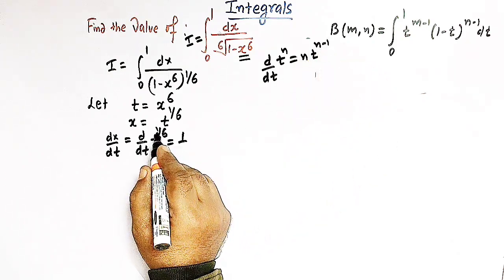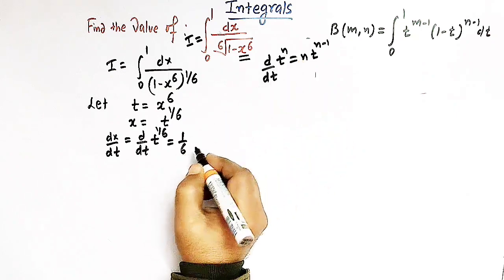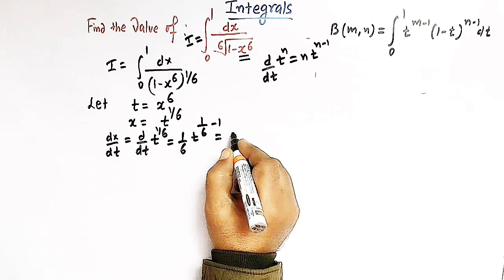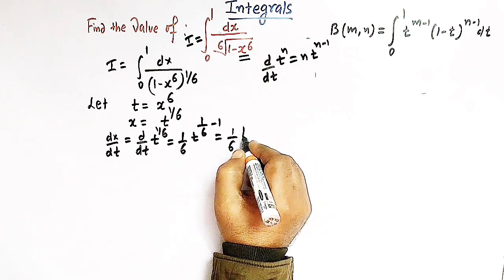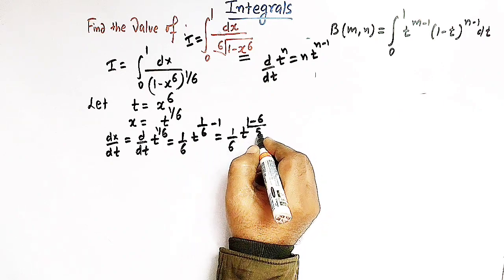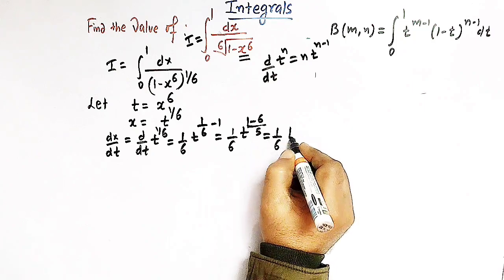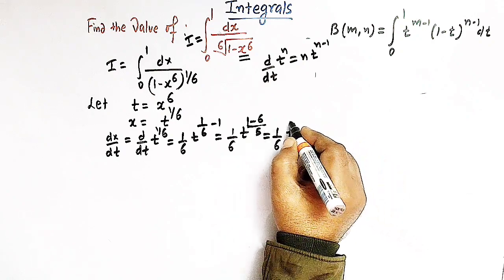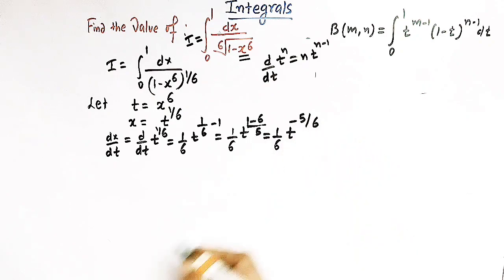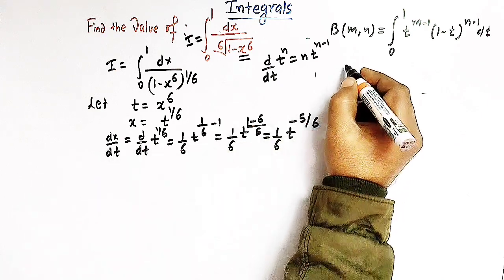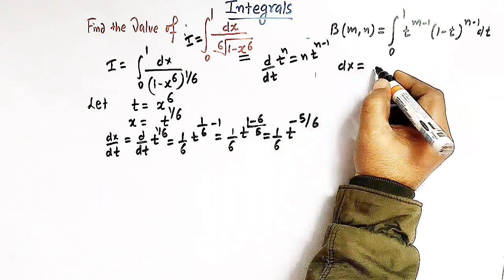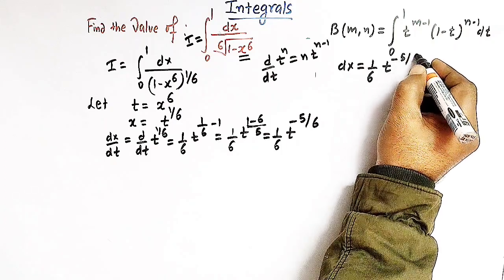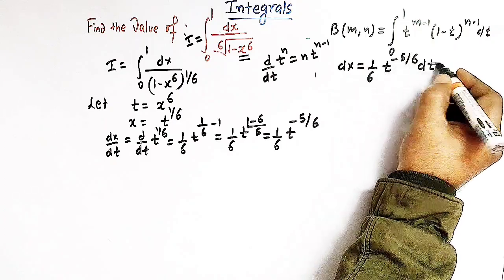So we have n is equal to 1 over 6. So we have 1 over 6, then t raised to 1 over 6 minus 1. So we have 1 over 6, and t raised to minus 5 over 6. So now we can write dx is equal to 1 over 6 times t raised to minus 5 over 6, and here we have dt.